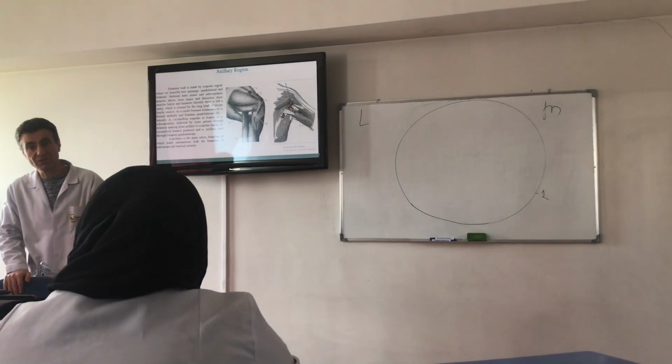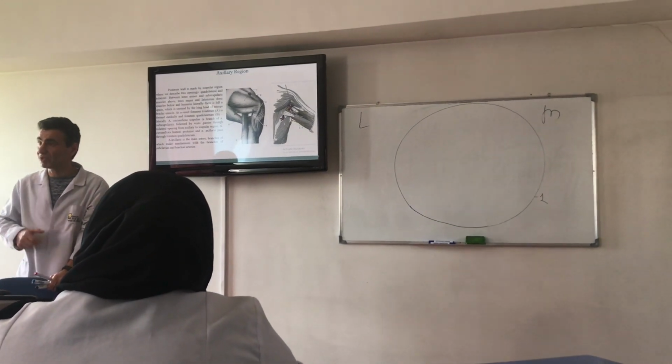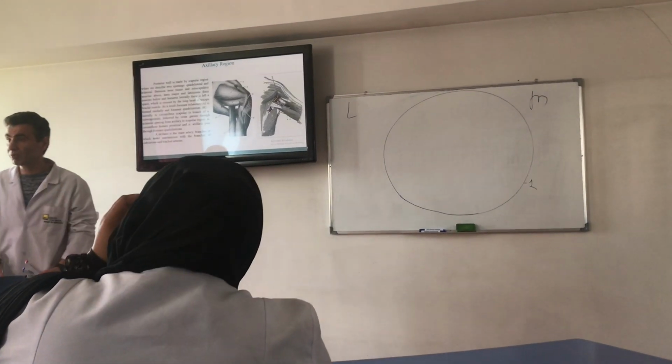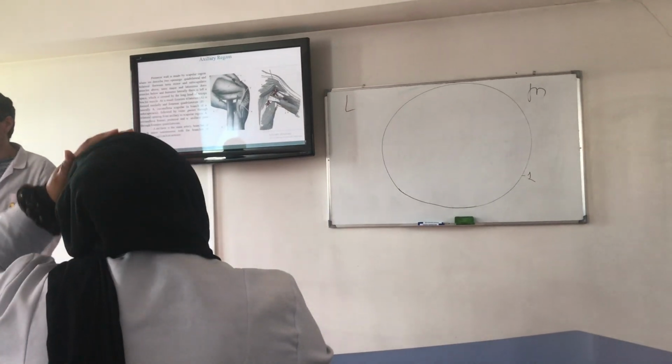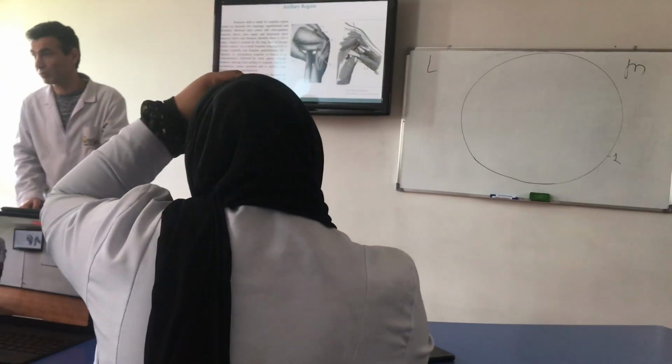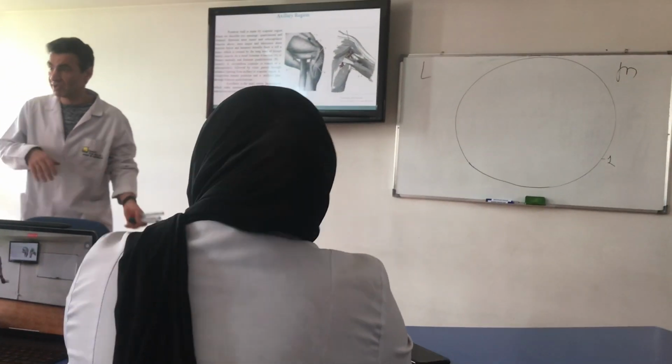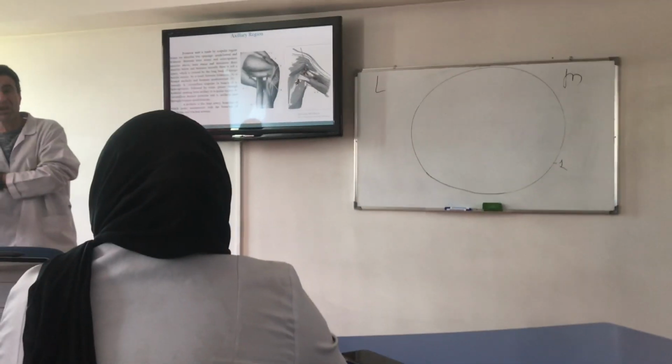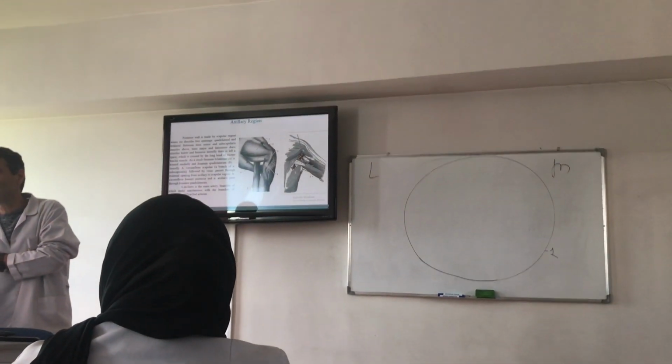On the lateral surface we have thick skin, which is less elastic and less movable. Generally, all the skin in the extremities is elastic and movable, but when we compare the medial surface with the lateral surface, we see that medially it is much thinner and more movable.